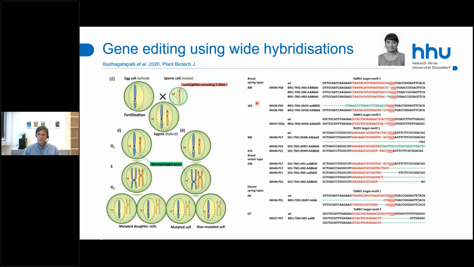So she could induce mutations in bread and in durum wheat, and she could also show that you can use this for several accessions or genotypes in order to induce mutations. And this is a cool technology which can be used to circumvent the problem of transformation.